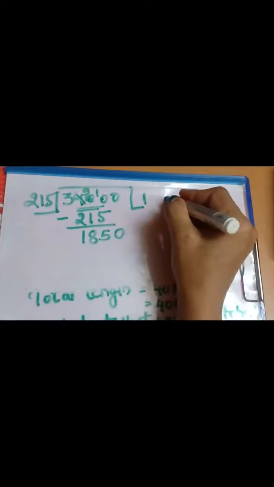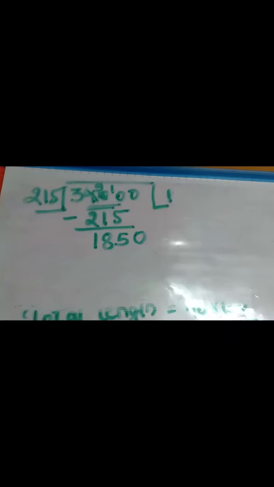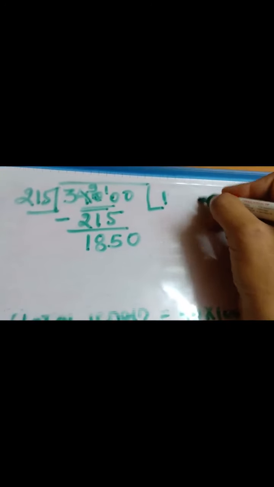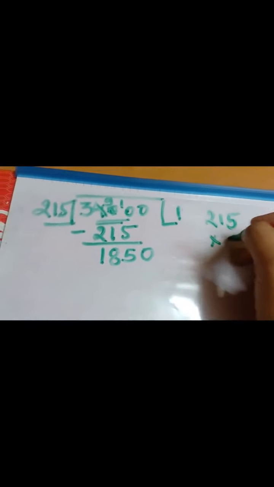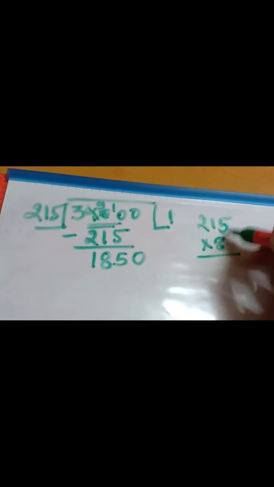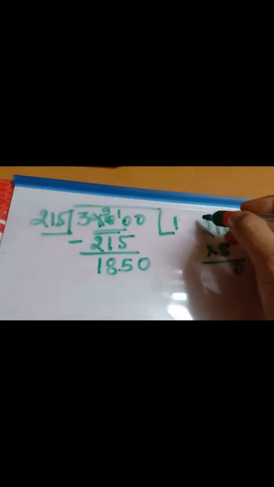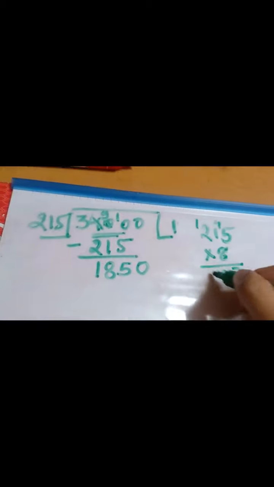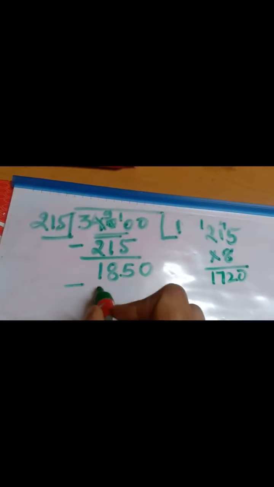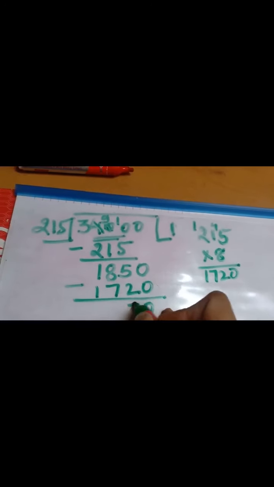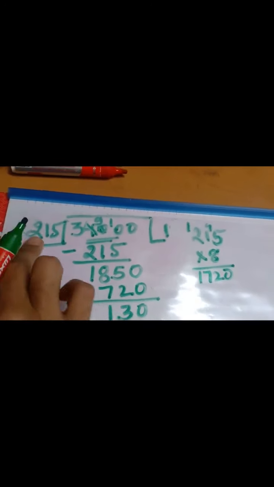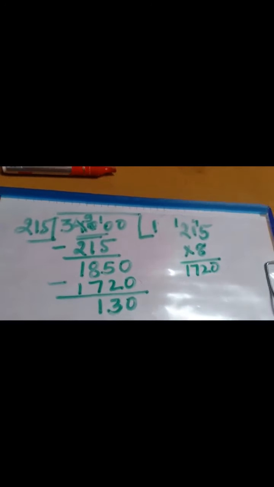So let us try with 8. 8 5s are 40, 8 1s are 8 and 4 is 12, 8 2s are 16 and 1 is 17. So 1 7 2 0 0 3 1. See, our remainder is smaller than the divisor.